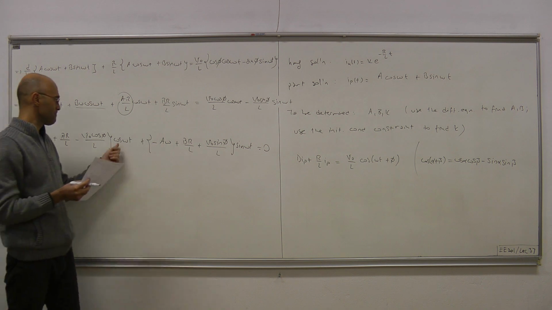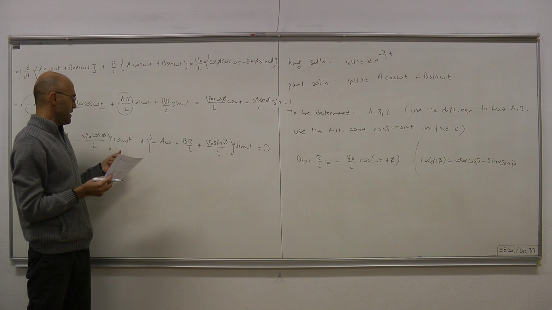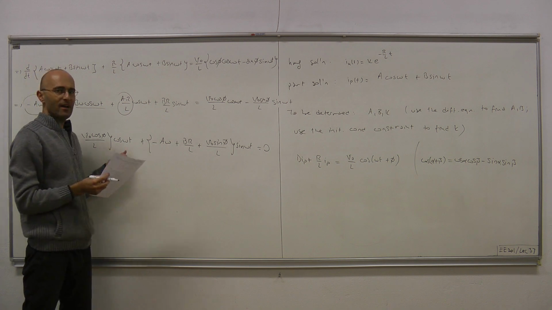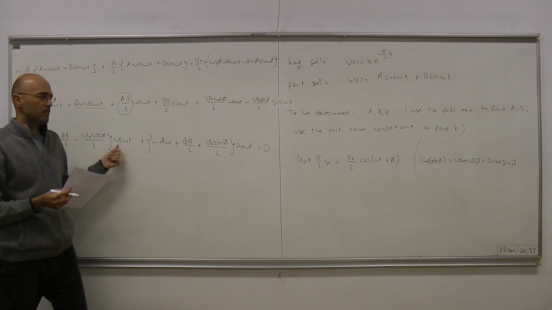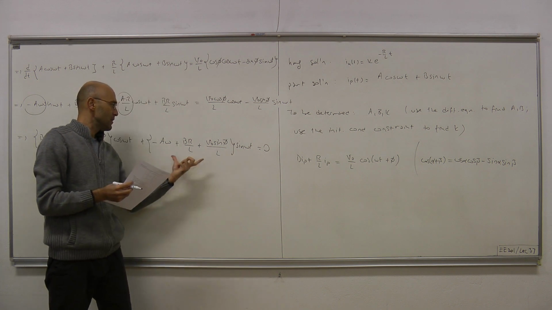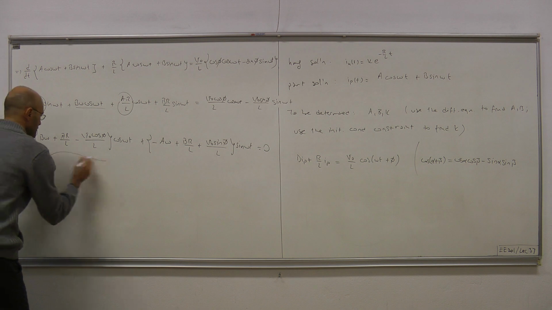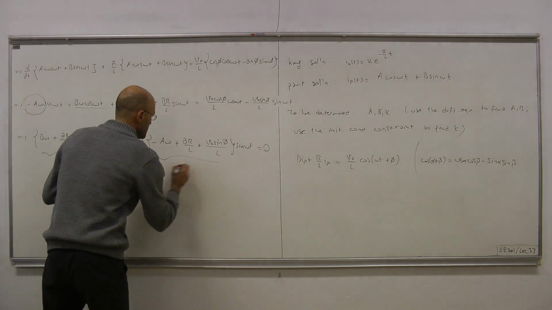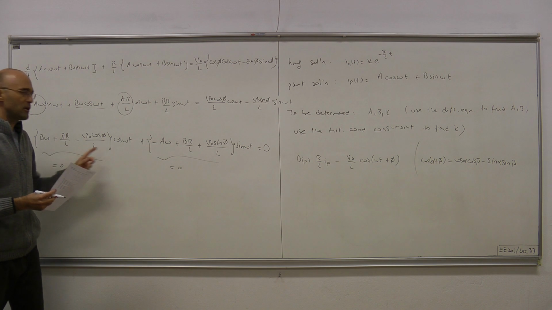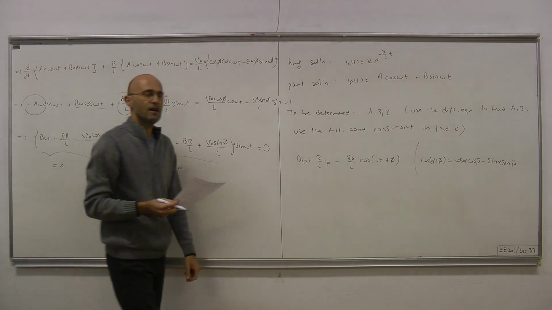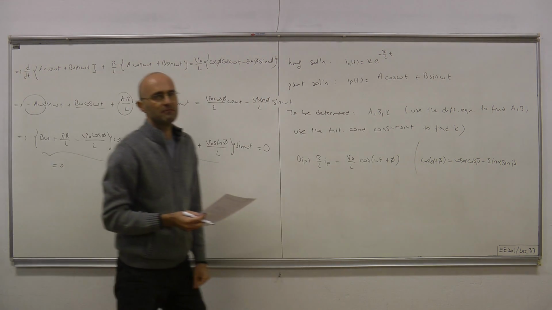Then plug in t equals pi over 2 omega. In this case, cosine becomes 0, sine becomes 1, and then this coefficient of sine must be 0. Therefore, this equals 0, and this equals 0. We have two equations, which is good because we have two unknowns, A and B.